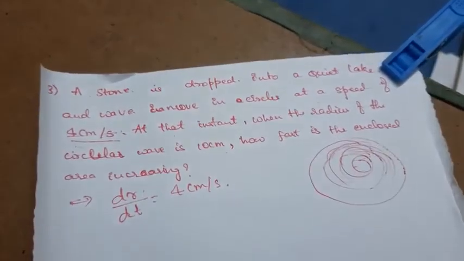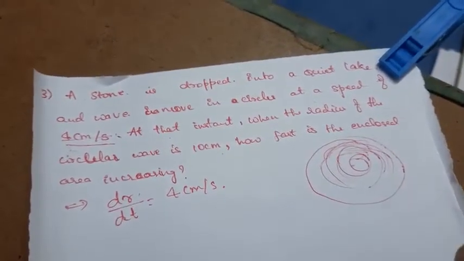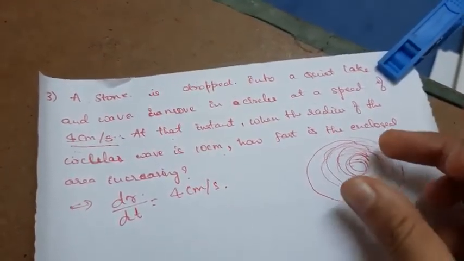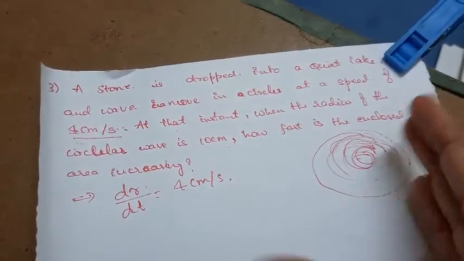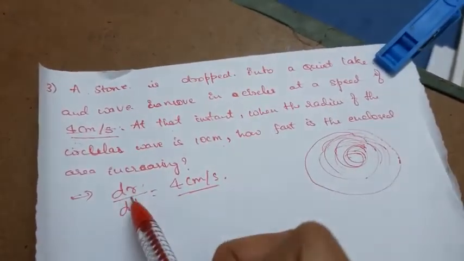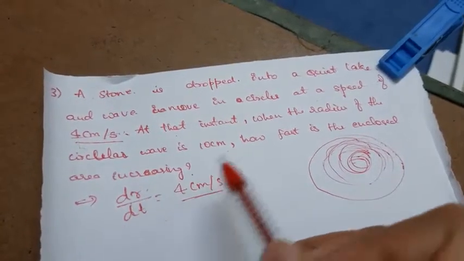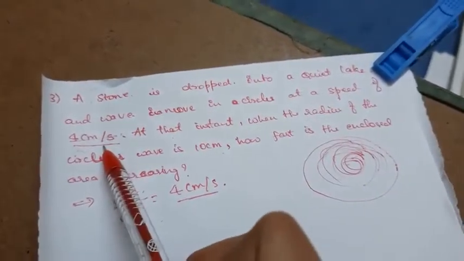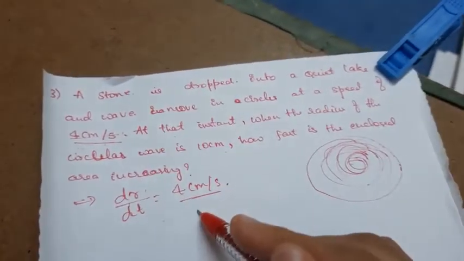That is what they have said: it is moving in a circular form with a speed of 4 centimeter per second, so the radius is going to be increasing at 4 centimeter per second, since they said speed. That is what I have written.